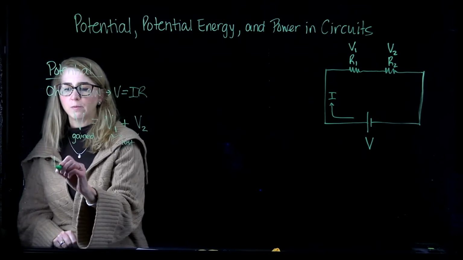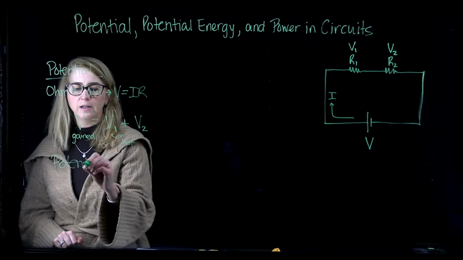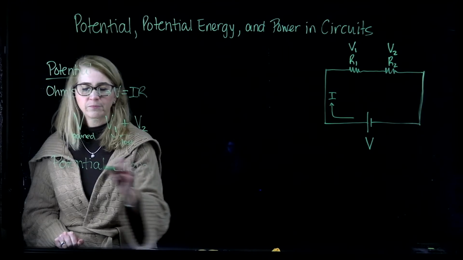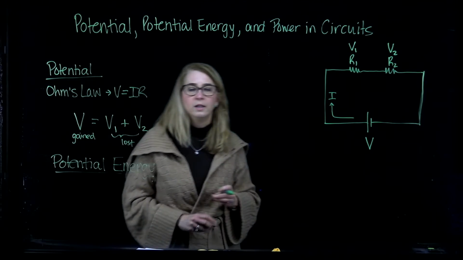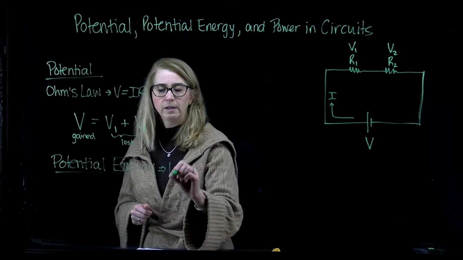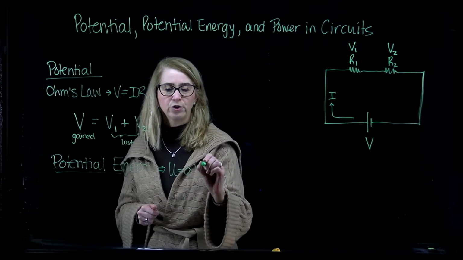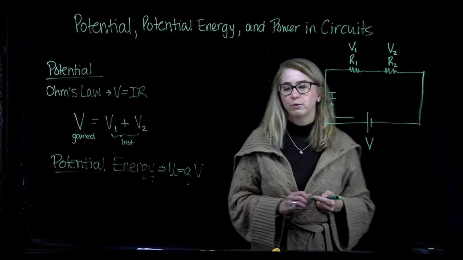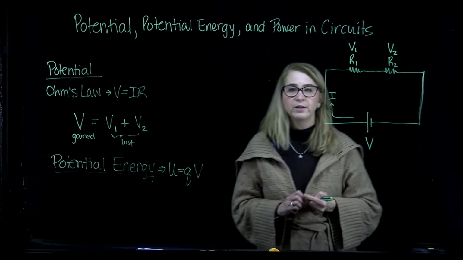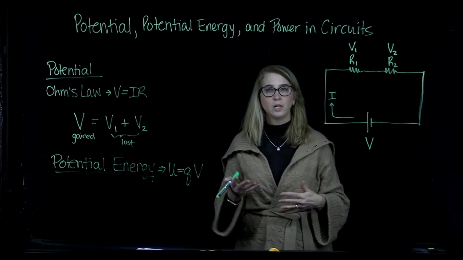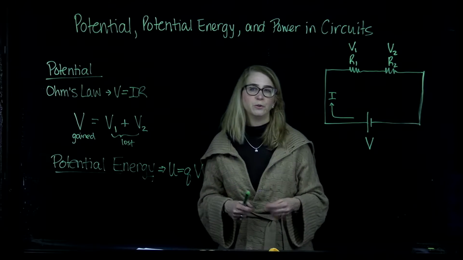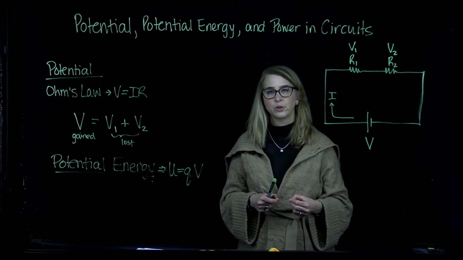Now, it might make more sense if I think about this transition in terms of potential energy. If you remember, a charge going through some potential difference, V, will experience a potential energy gain or loss, depending on if V is positive or negative, that is equal to the charge times the potential.